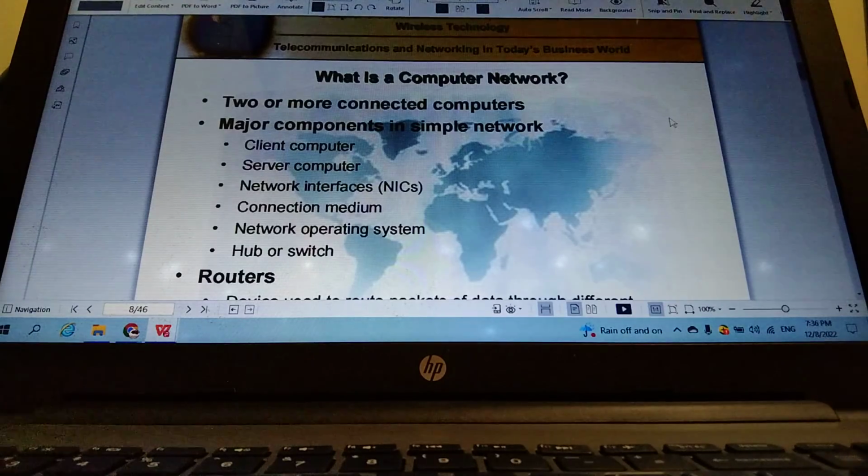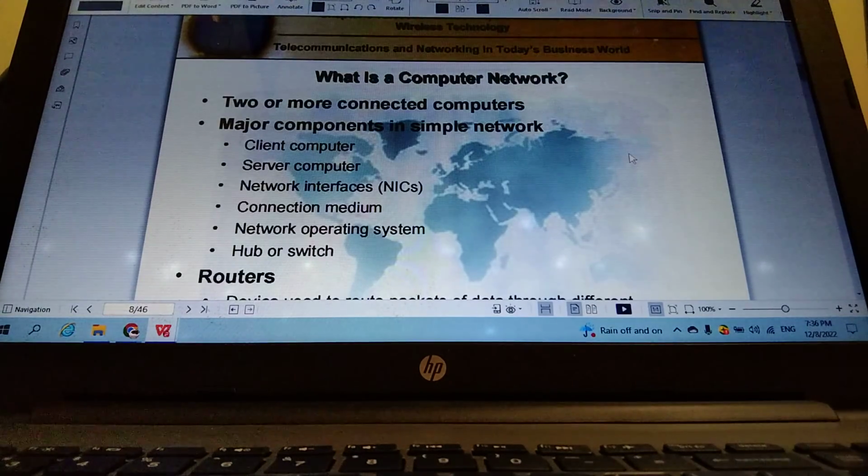The major components in a simple network are your computer, which is known as a client computer, and a server computer, like what we discussed in our previous session. The NIC card is your network card. Then the medium, how you connect to the internet, either you use routers to connect to your internet, or you use wire, fiber cable for example, or any other medium.